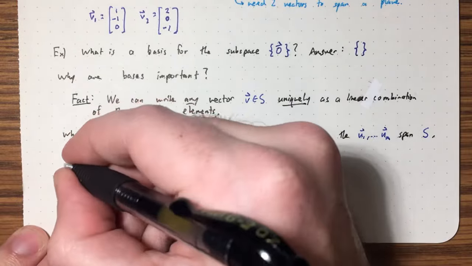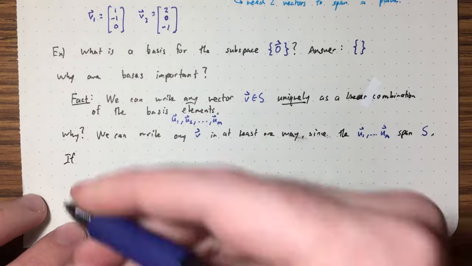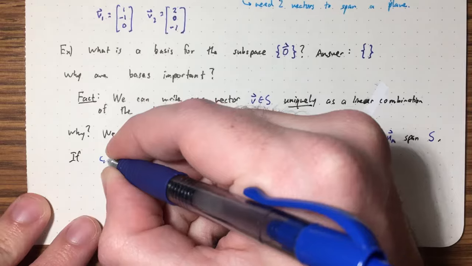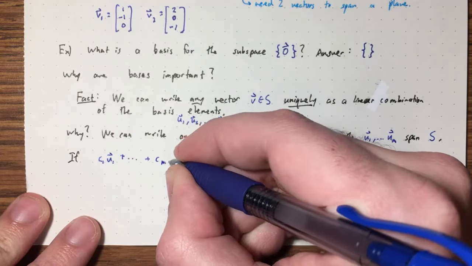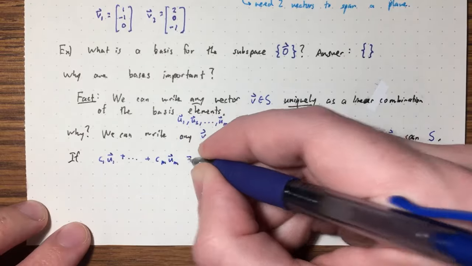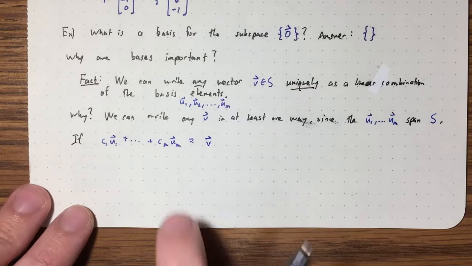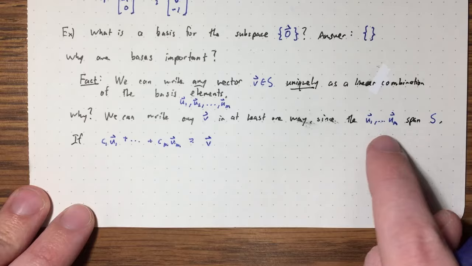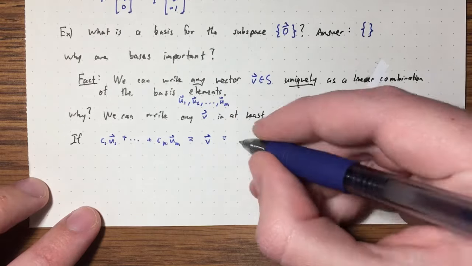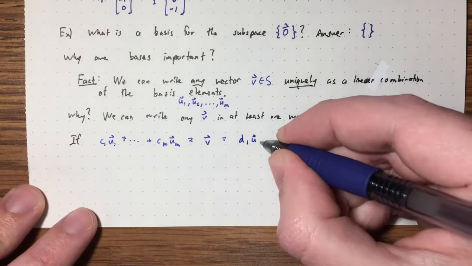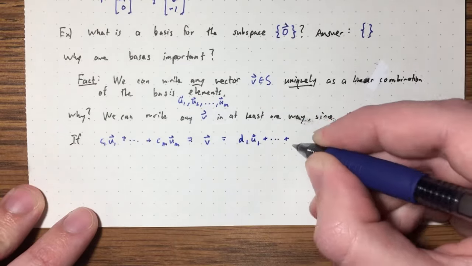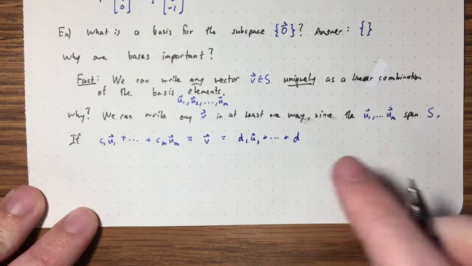So let's think about that. What if we could write it in two different ways? Okay, so I'll find some coefficients c1 up to cm for my u vectors. Let's say I can write v like that, as a linear combination of these vectors. But then let's also say I can write it as a different linear combination. So I'll put different scalars on here, still the same basis vectors, right?